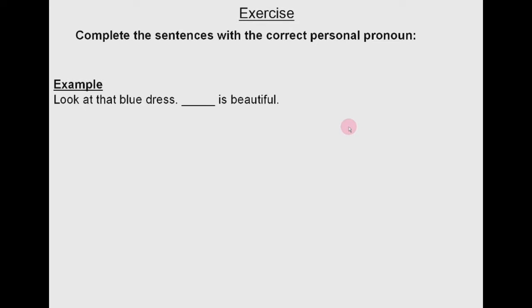Well, the answer is it is beautiful. Okay? A dress is a thing. It's not a person. And there is only one dress, so it is singular. So the personal pronoun is it, because it is the subject. Okay? It is the subject of the verb be.